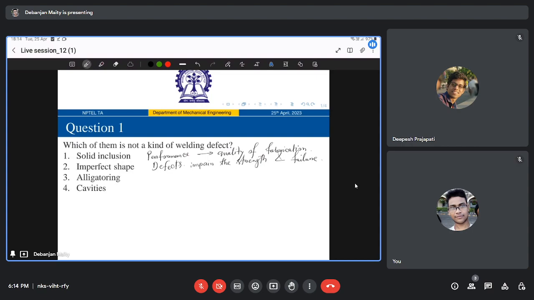Sometimes you have poor welding skill. So whoever the welding operator is should be highly trained and skillful in doing the welding. The manpower should have adequate workmanship.